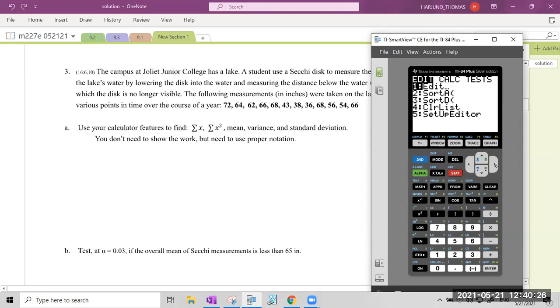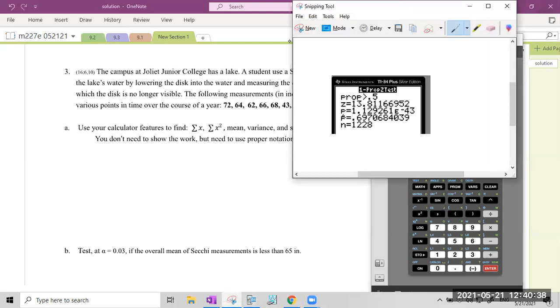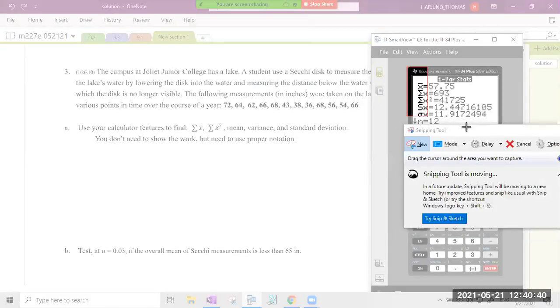Now stats, 1-var stats, list 1, not list 3. So let me just screenshot that so that I can easily quote it.